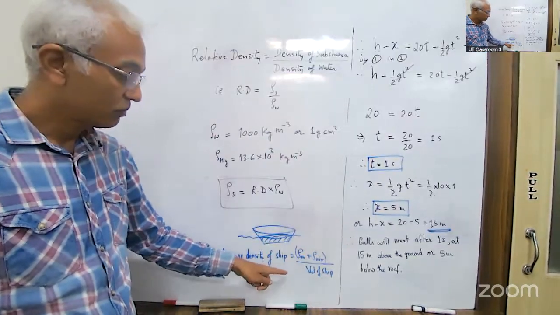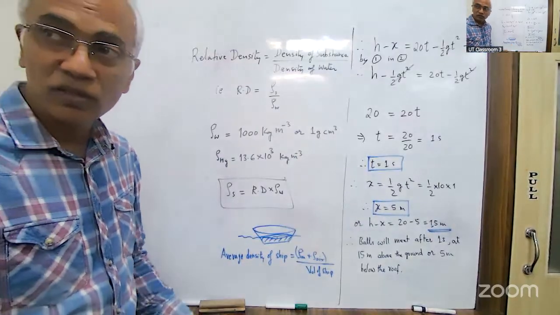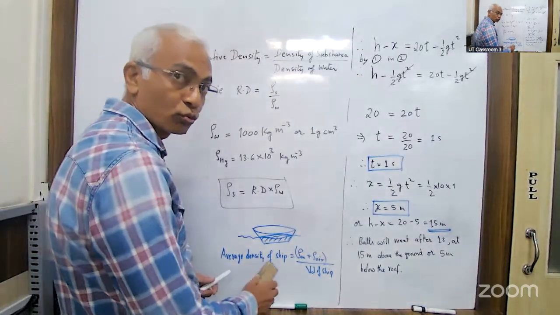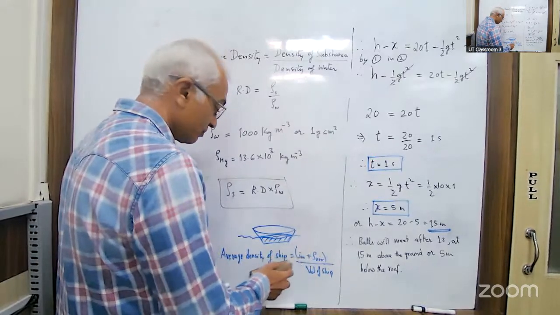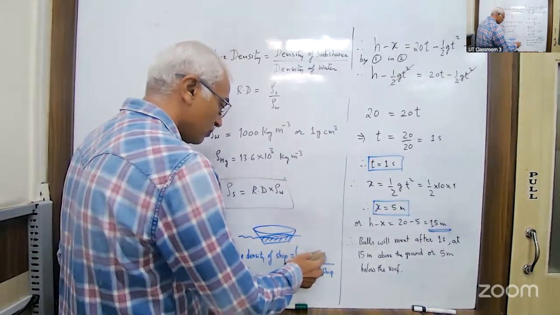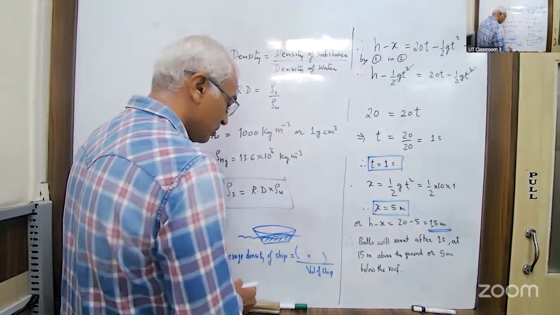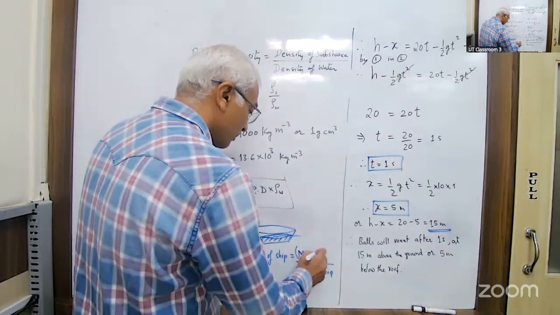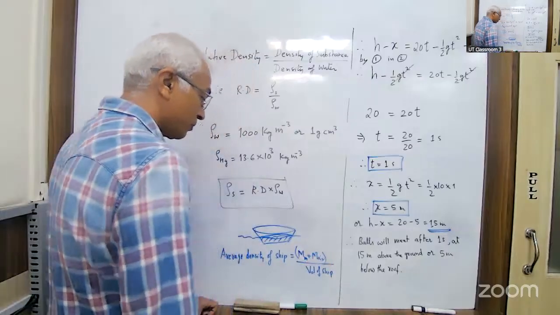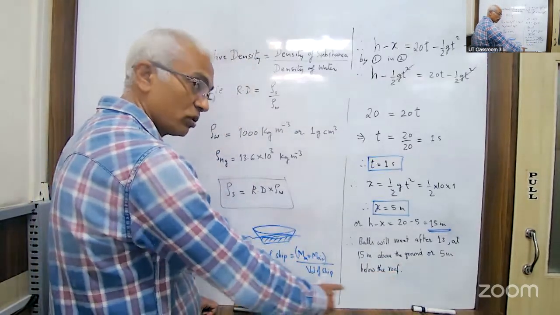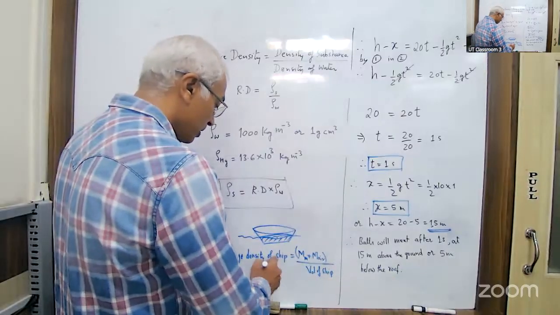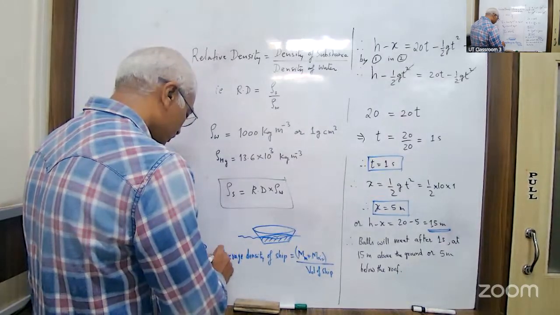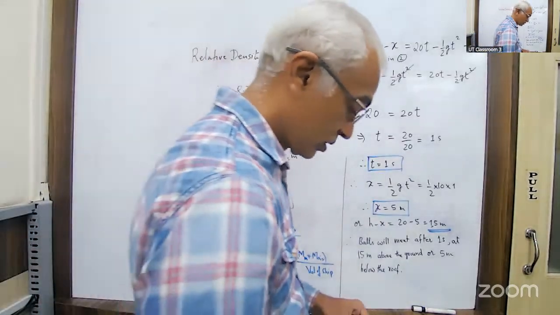And this calculation will be less than the density of water. This is the average. It should be mass, not density. So the mass of the metal part of the ship plus the mass of the air in the ship, that is the total mass, divided by the total volume of the ship. So this is the average. Yes, okay.